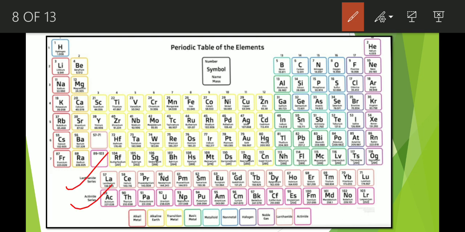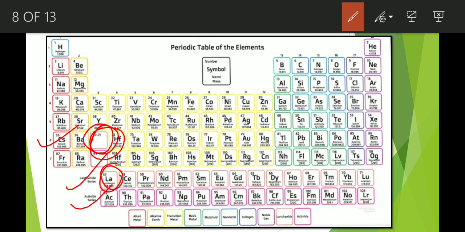Lanthanide series is present in period 6, which starts just after the element lanthanum. Lanthanum, though it is written here, is placed in this place in the periodic table. As this series starts just after the element lanthanum, that's why the series is named lanthanide.